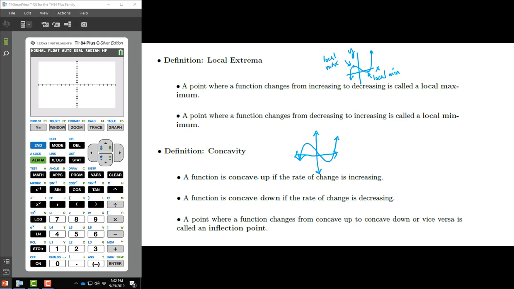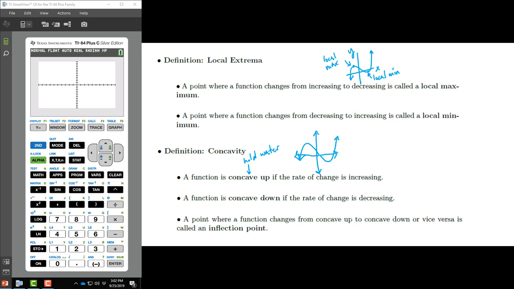So when we talk about concave up, a good way to think of this is it's concave up if it would hold water. That's I think a nice way to think of concave up. So you can imagine over in here, I could pour water into here and it would actually hold water. Whereas in this part of the graph, if I poured water over it, it would just run down the sides, okay?